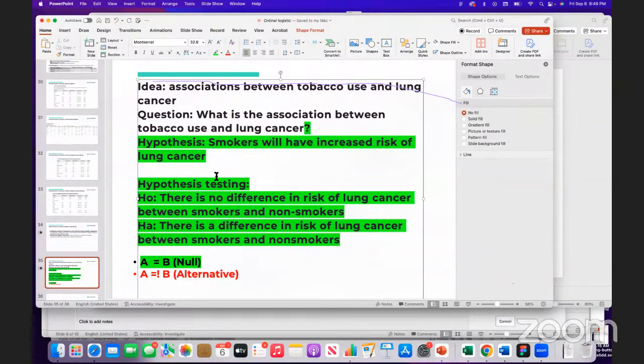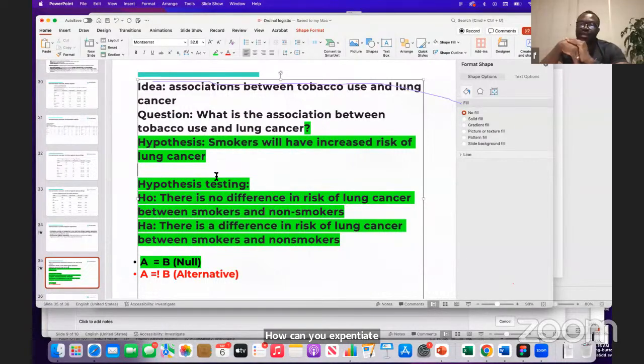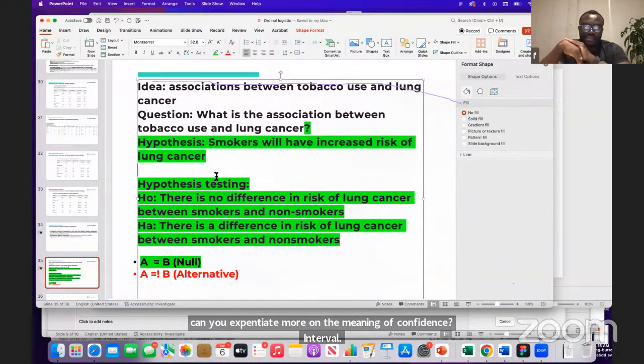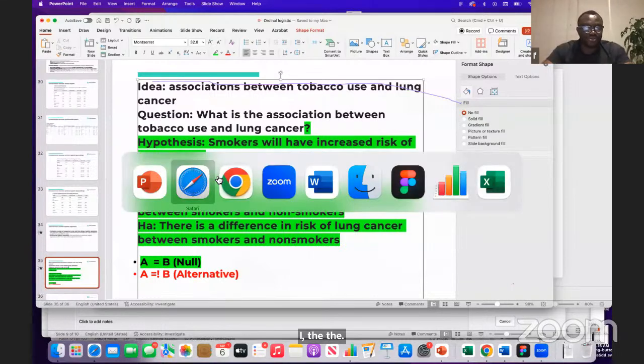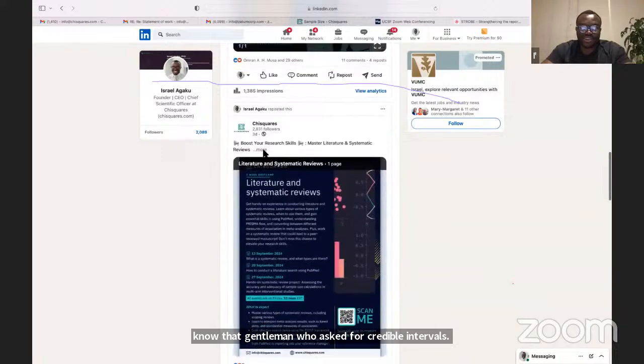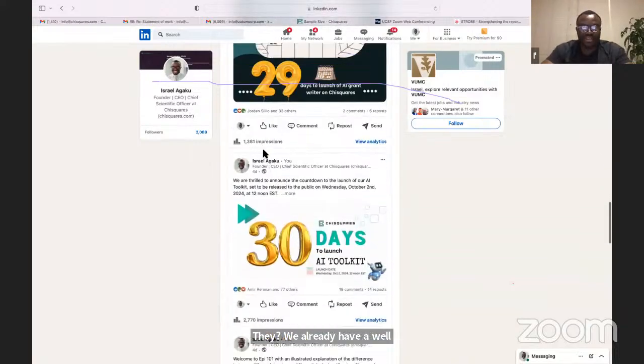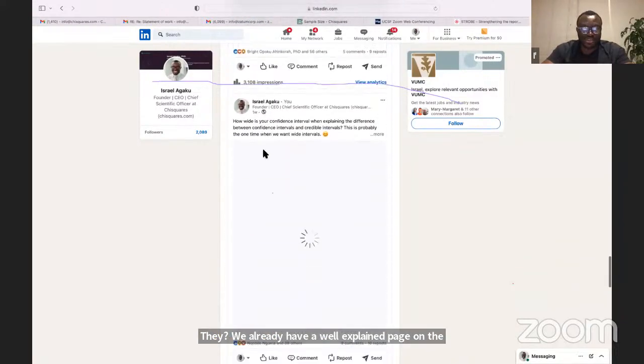Okay, next question. How can you expatiate more on the meaning of confidence interval? Okay. So again, as with the gentleman who asked about credible intervals, we already have a well-explained page on the interpretation of confidence intervals and credible intervals.